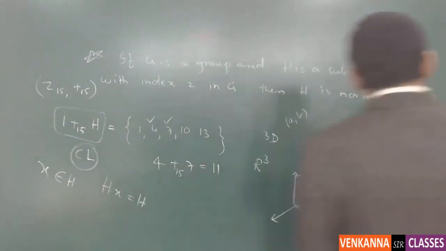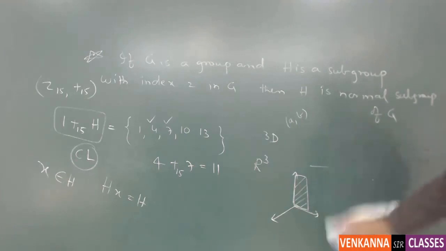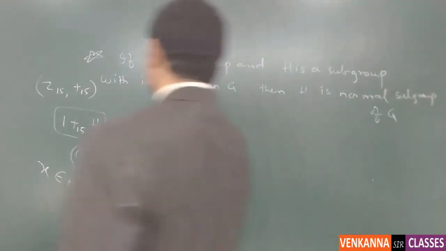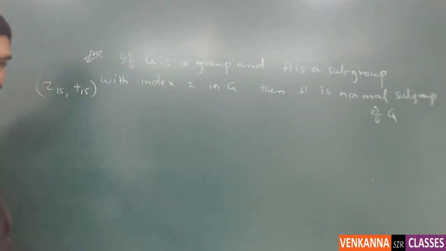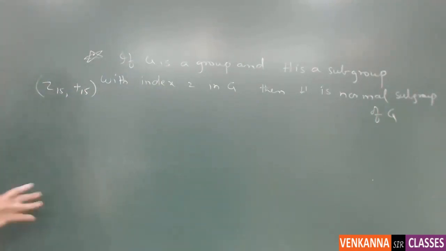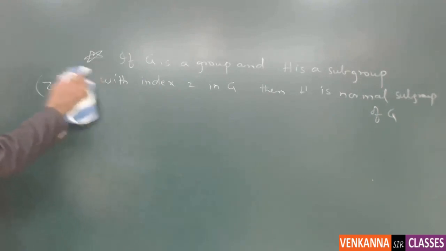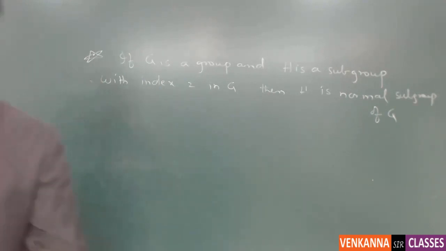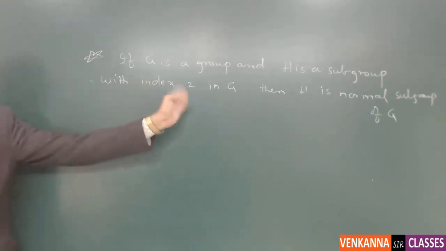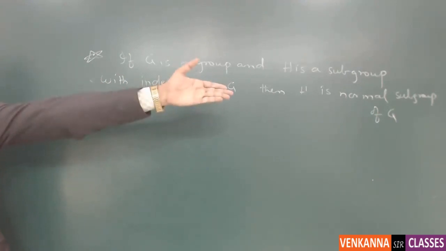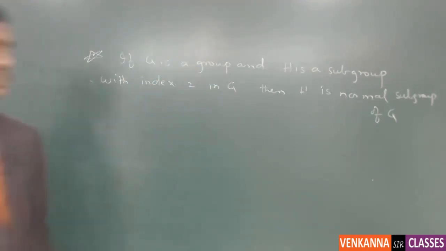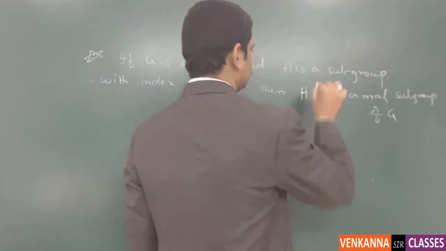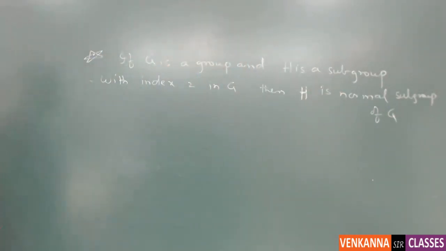Now coming to the problem, the result we have considered. If G is a group and H is a subgroup of G with index 2, then we have to show that H is a normal subgroup of G. Now first of all, tell me what is meant by index.